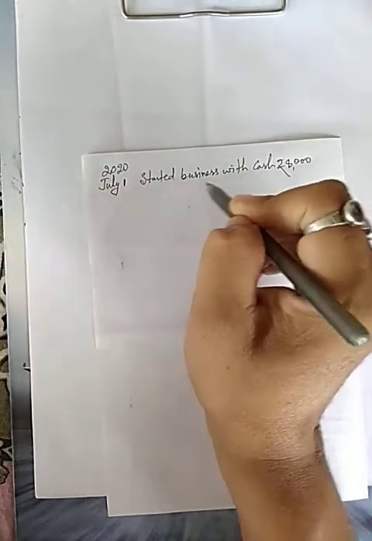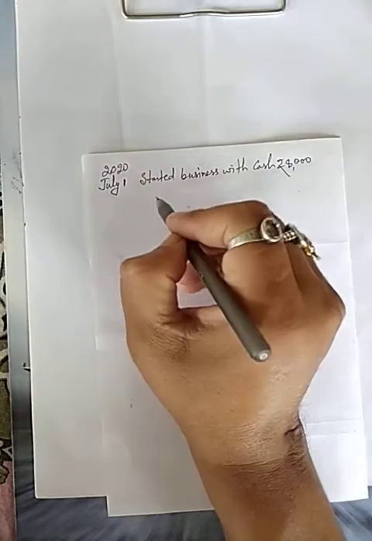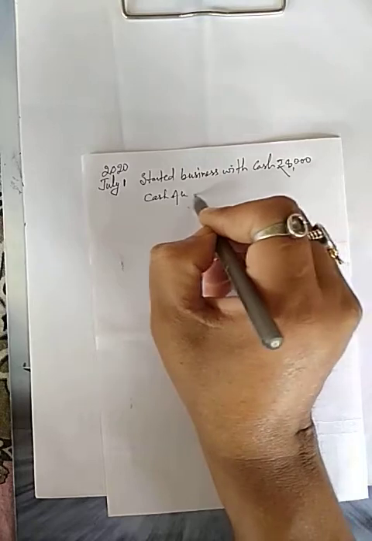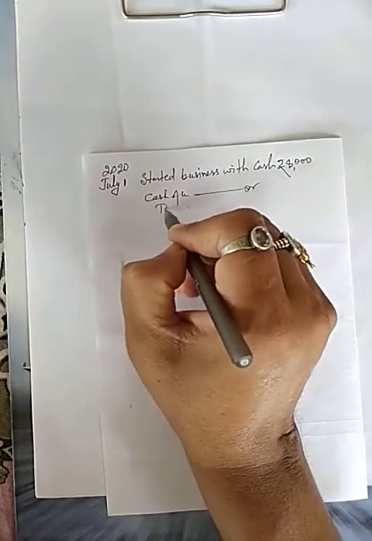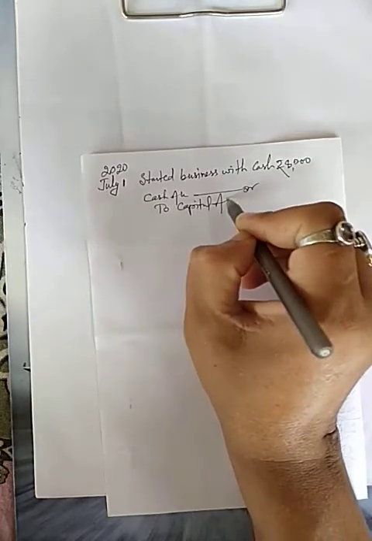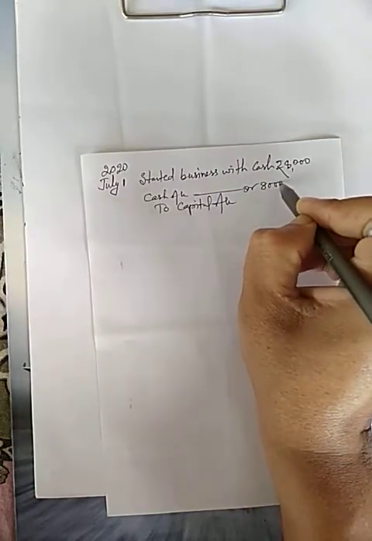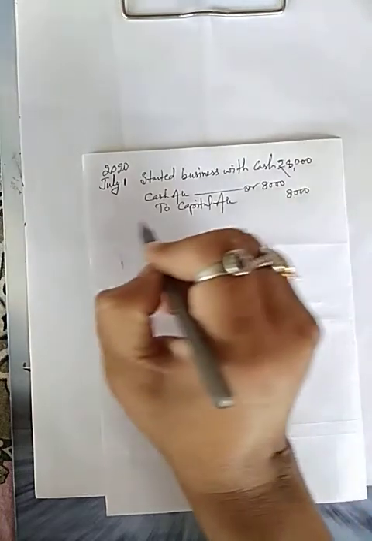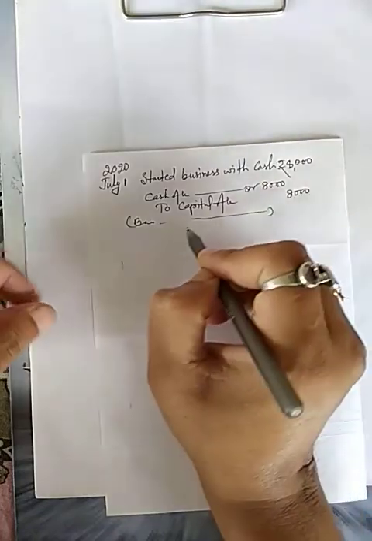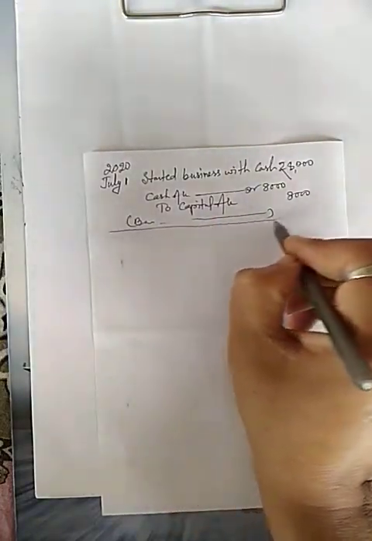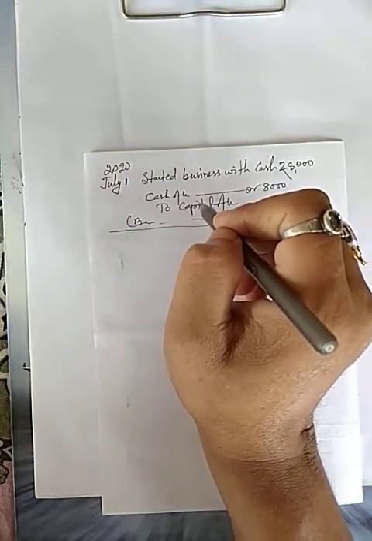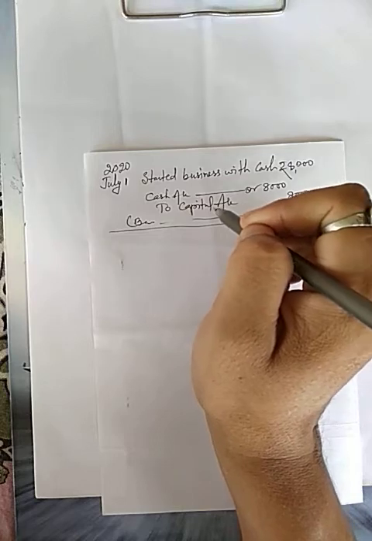Then the journal entry will be, as you all know, cash account debit to capital account, amount will be 8,000, being started business with cash. And this journal entry will be transferred into ledger account.